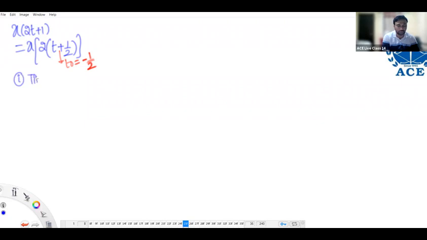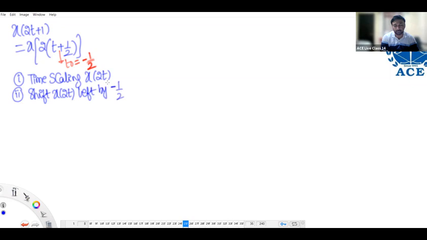So first time scaling, that is x of 2t. Shift the scaled signal left by half. After getting x of 2t, shift the scaled signal left by half. t naught negative, sir.